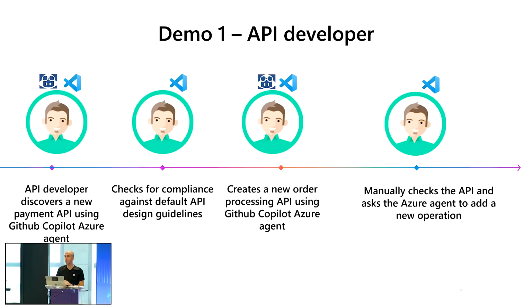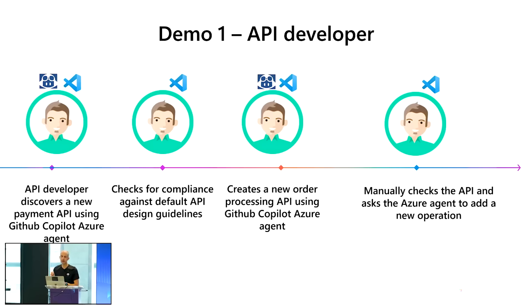We will start with the discovery phase that Srikant was telling about, because we have already APIs that exist in my enterprise. And then I want to create a new API, but the API should resemble the rest of my API ecosystem, right?